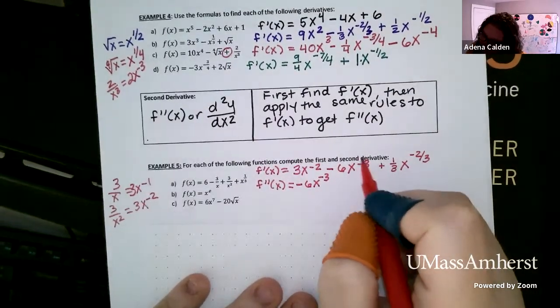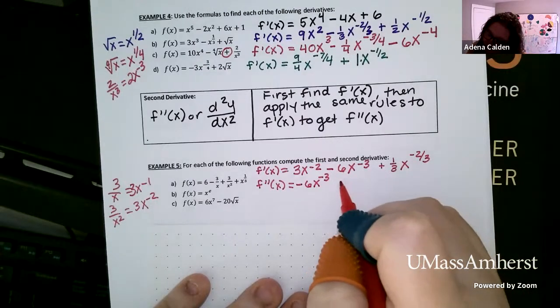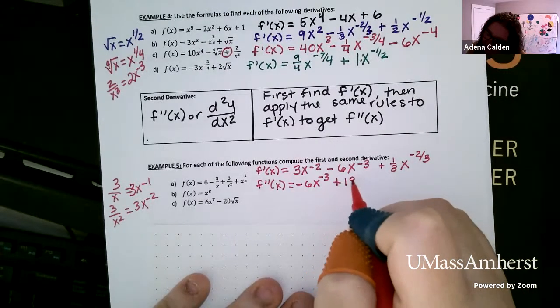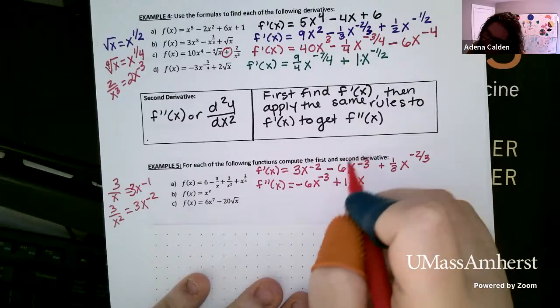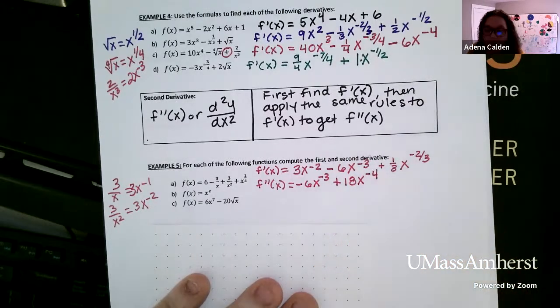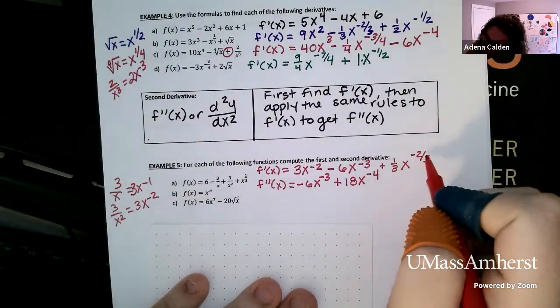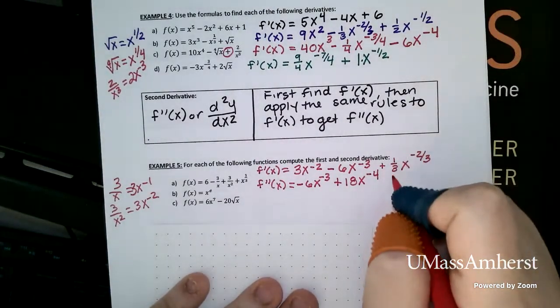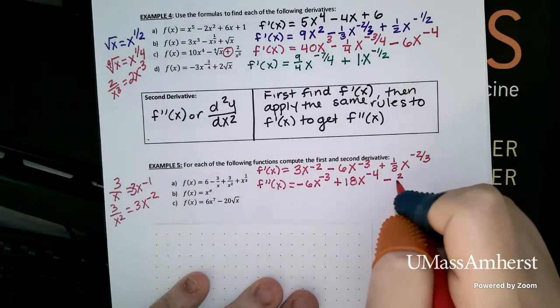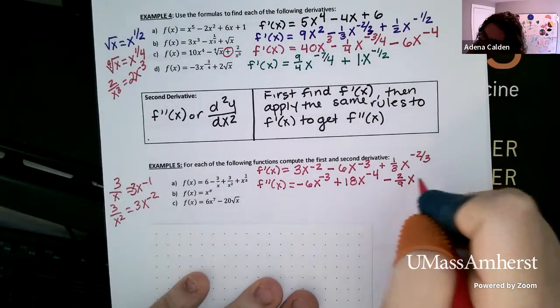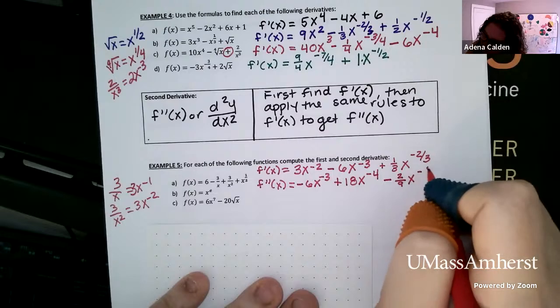For the next term, the negative 3 will come down to multiply the negative 6. That gives me positive 18x, and I subtract 1 from the power. So 18x to the negative 4. And then for the last term, negative 2/3 is going to multiply positive 1/3, which gives me minus 2/9 x to the negative 5/3.